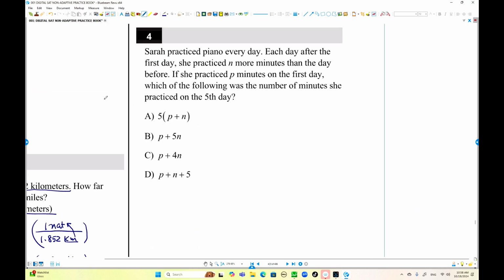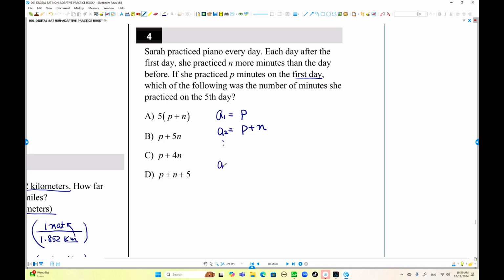Number 4. Okay, read the question. On the first day, they practiced P minutes. Second day, n more. Okay, so P plus n.